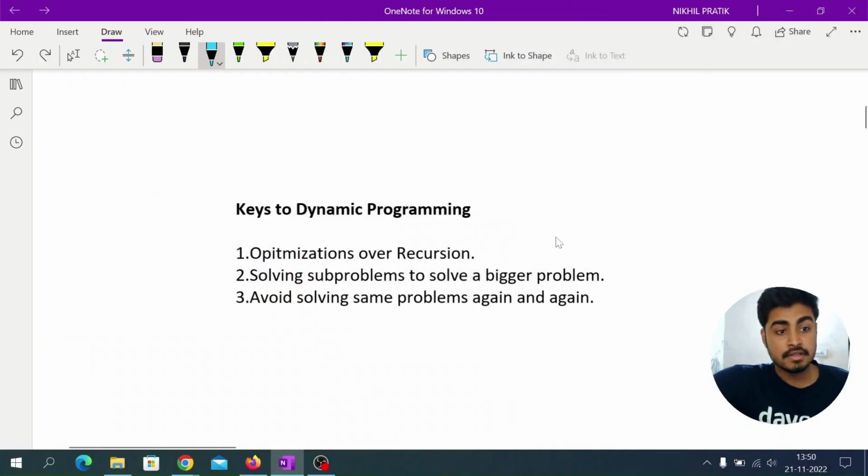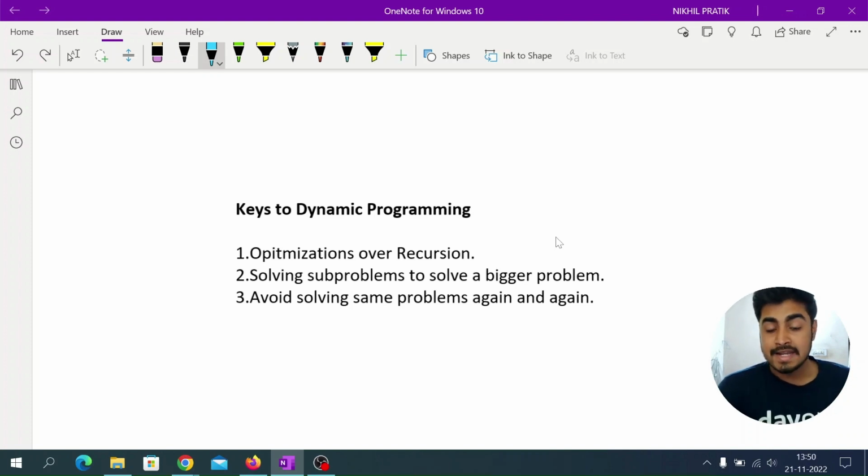So let's now understand the three main keys or properties that we need to learn to identify and solve any of these dynamic programming problems. Let's consider the first point, that is optimization over recursion.